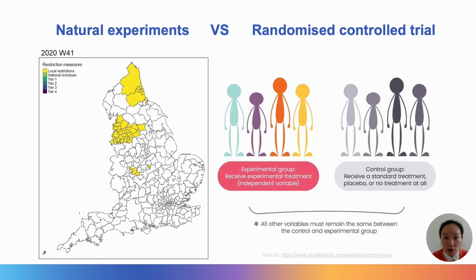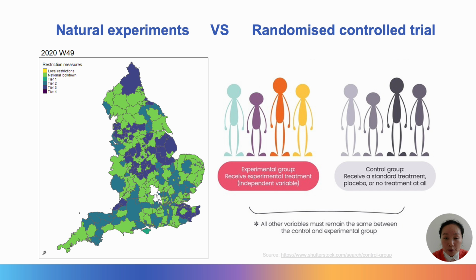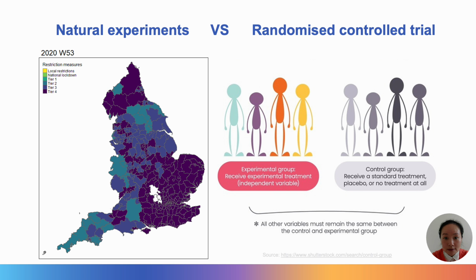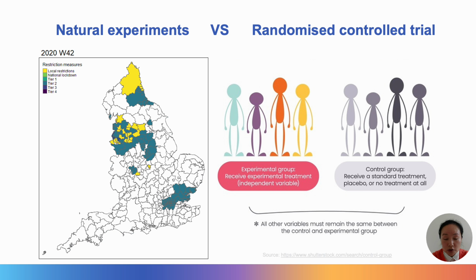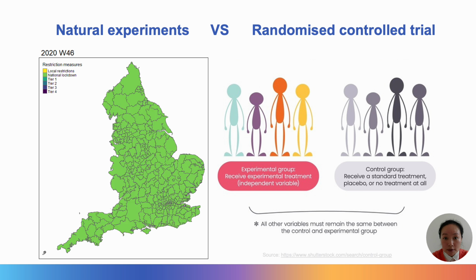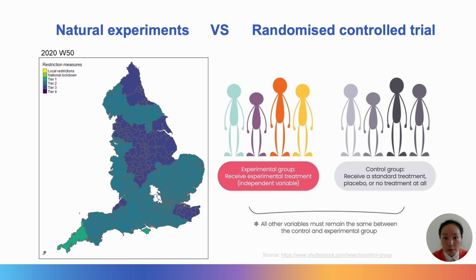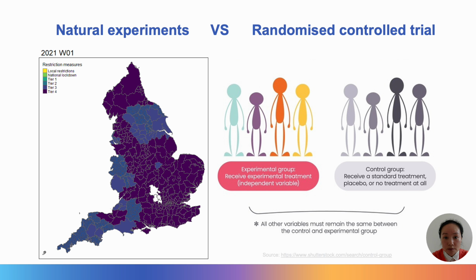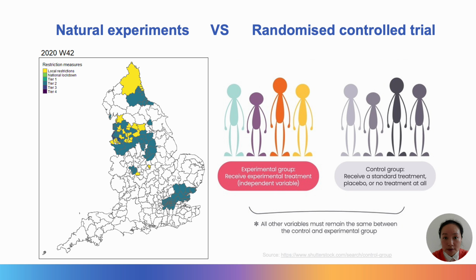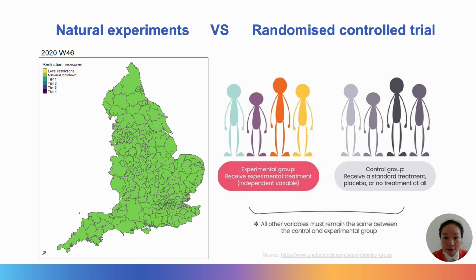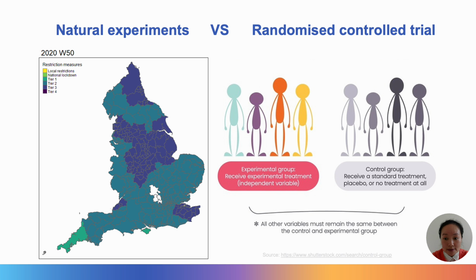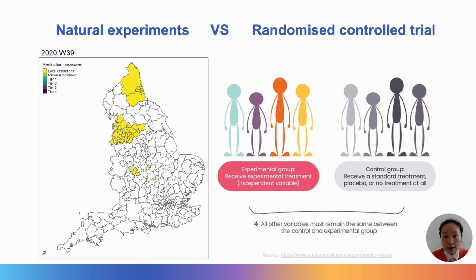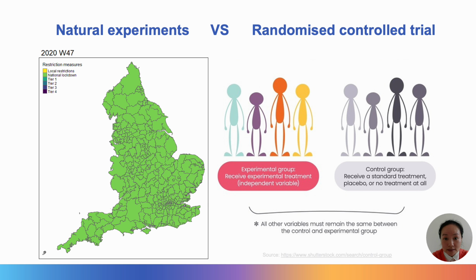Researchers do not have control of the process. In the setting of natural experiments, it is easier to use synthetic control methods rather than other traditional methods to make causal inferences.